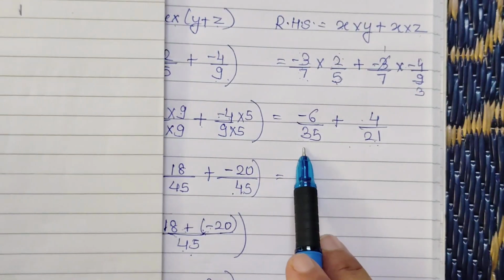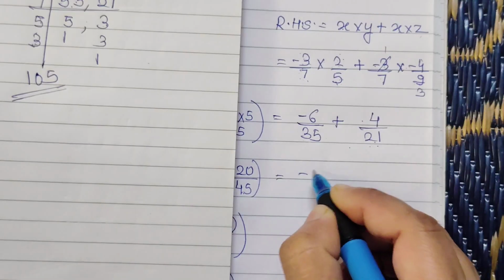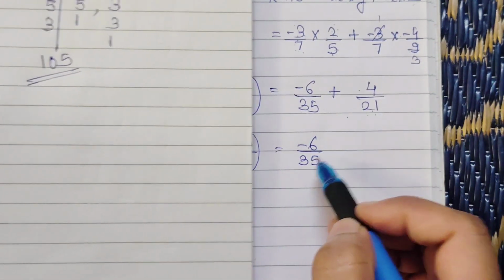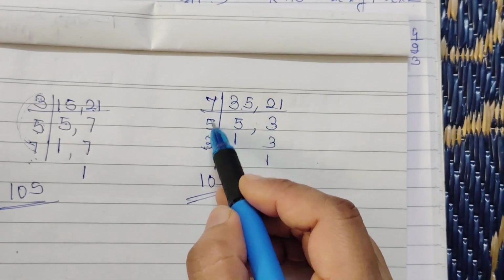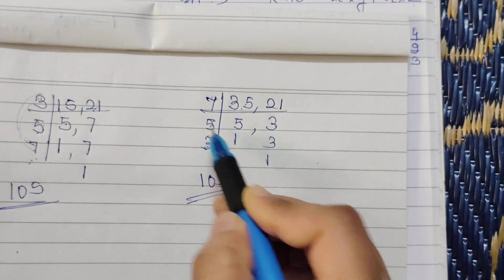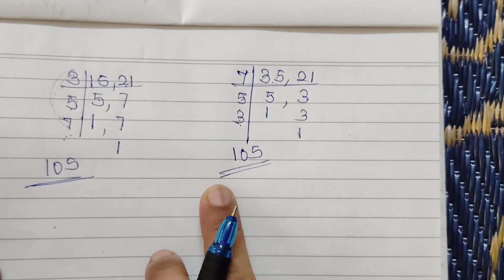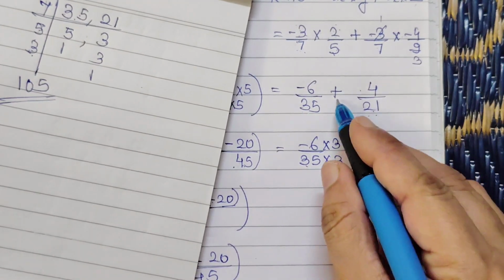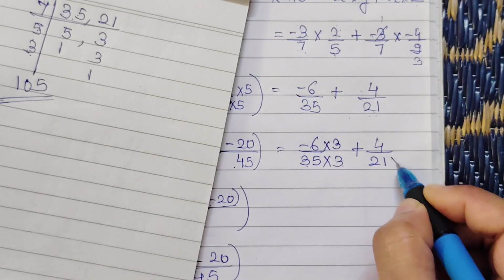Okay, so in the denominator we want what? 105. So we will write minus 6 upon 35. Now what we have to multiply to 35 that we will get 105? So if we see, 7 5s is what? 35. So what remains? 3. So when we multiply 3 by 35, we will get 105. So up also we will multiply by 3. Then comes addition. Now we will write 4 upon 21. So what will we multiply to 21, that we will get 105?